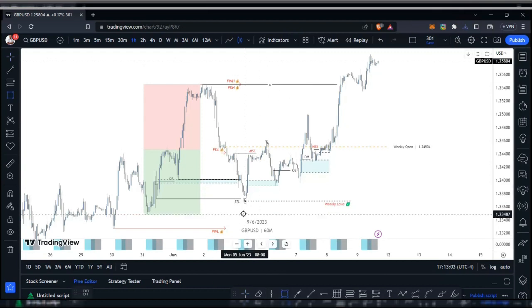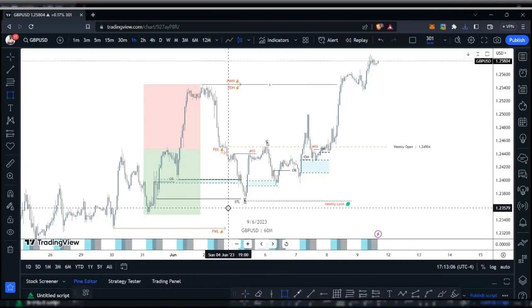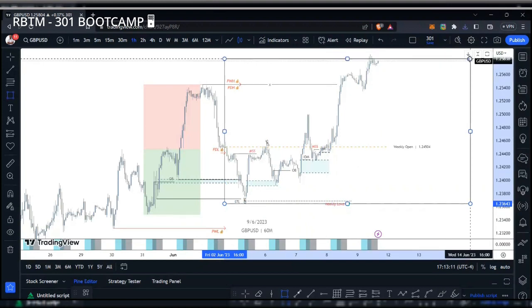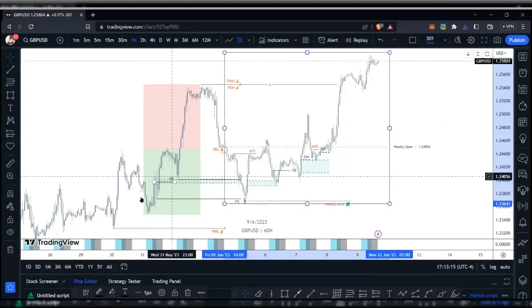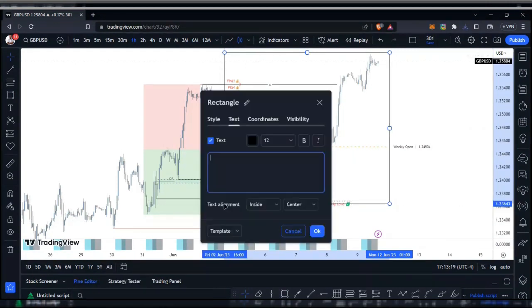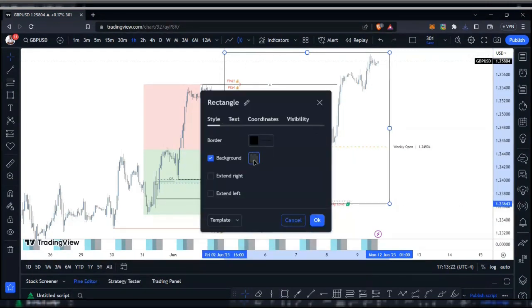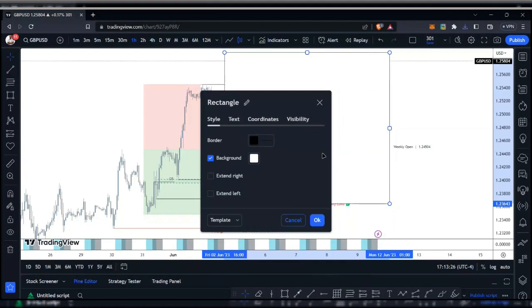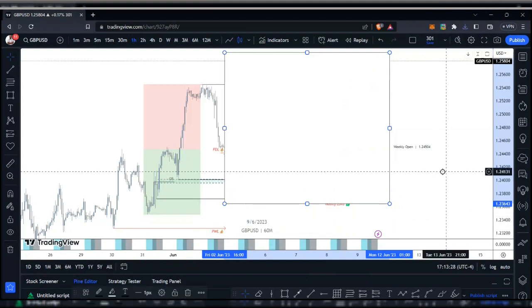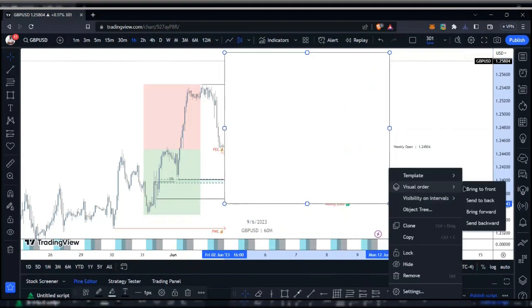So from last week, somewhere here, we didn't have all of this information, right? So let's try to make that graded out. Okay, yeah, bring this to the front.